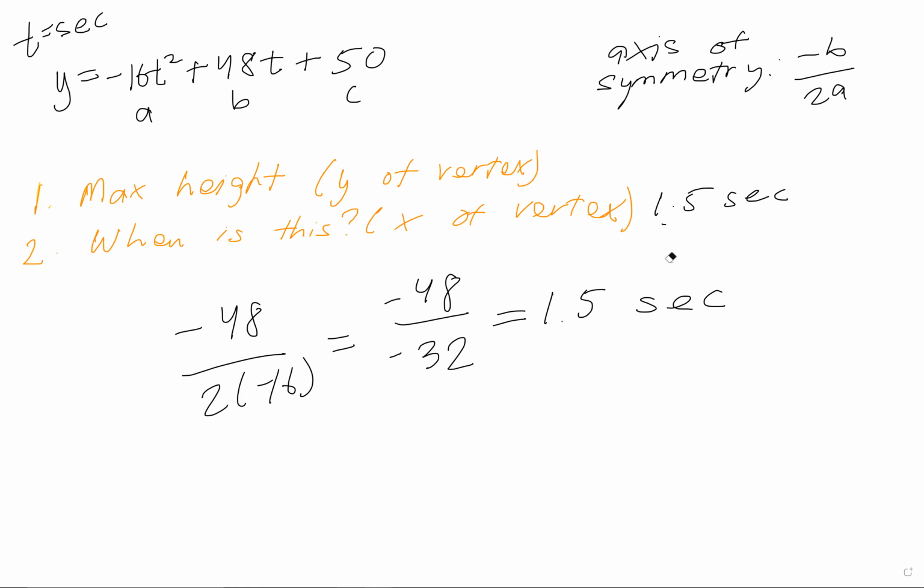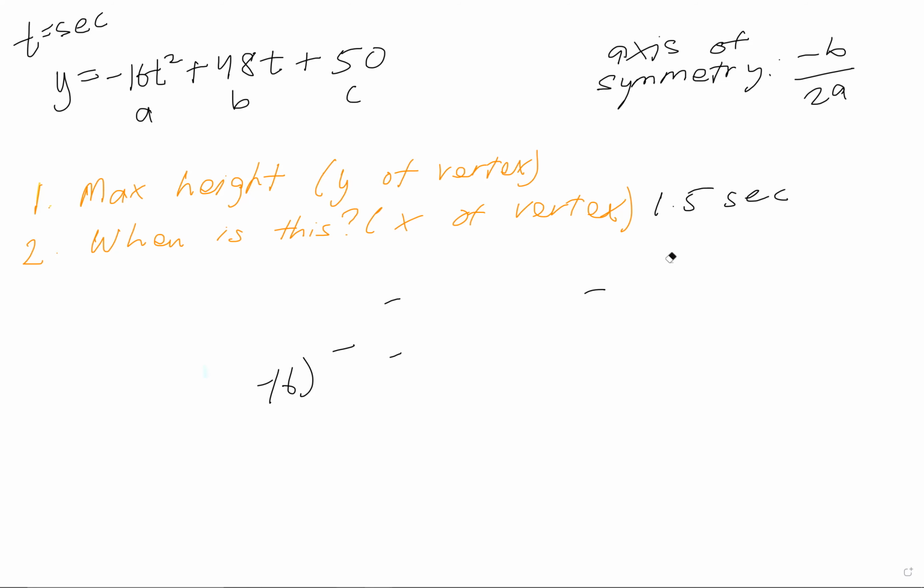Okay, let me just erase real quick. Now how would we find the maximum height, knowing the time it takes to get to the maximum height? We'll try to find y, right? Is the time just the 1.5?